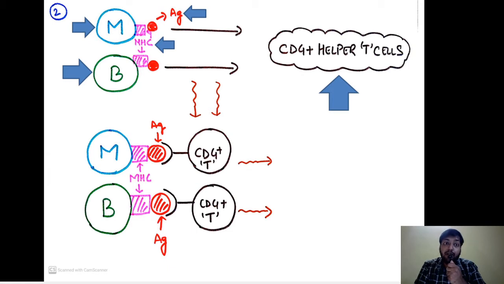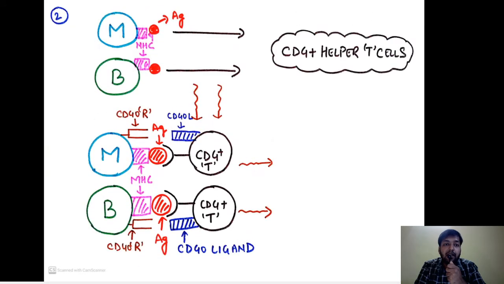Now once they have presented this antigen to the CD4 plus helper T cells, what is going to happen? This is the MHC, as we all know. Once the macrophages and the B lymphocytes have presented the antigen to the CD4 plus T cell, they are going to express the CD40 receptor on their surface.